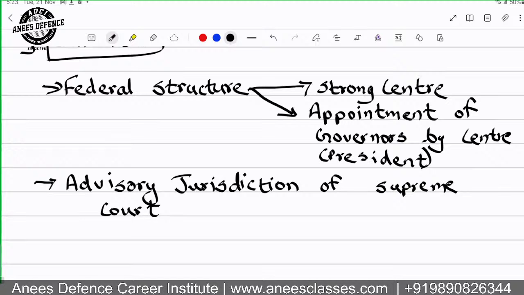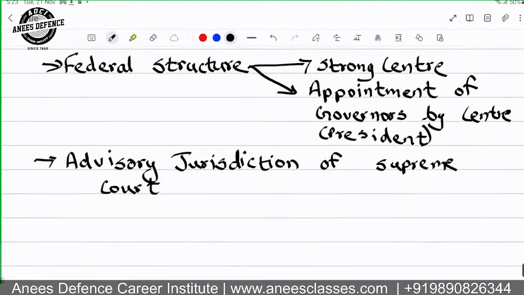Advisory jurisdiction means wherever the government is in confusion regarding some issue, it can go to the Supreme Court for advice regarding a particular law or something like that. So this thing we have adopted from the Canadian Constitution.